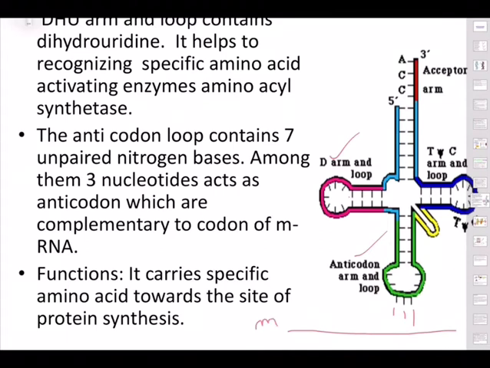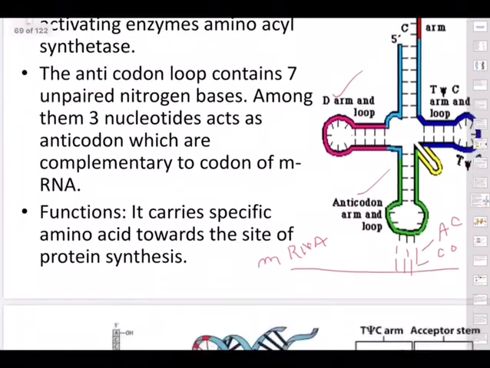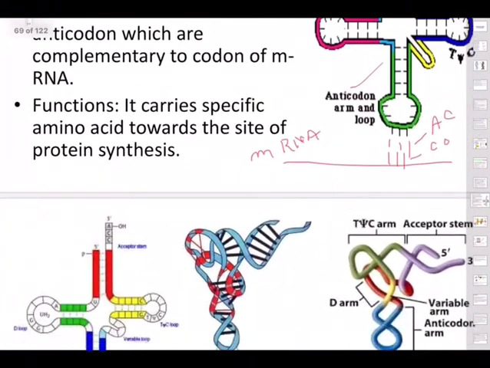Here comes the mRNA, which is like a single, flat thread, and the triplet code on the mRNA is the codon, and this is the anticodon. There should be matching of the codon, the triplet code of mRNA, with the triplet code of tRNA. Only then will amino acids be formed. So it carries a specific amino acid towards the site of protein synthesis. That is the function of tRNA.